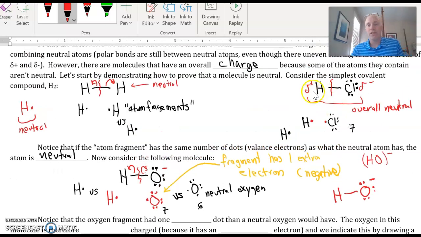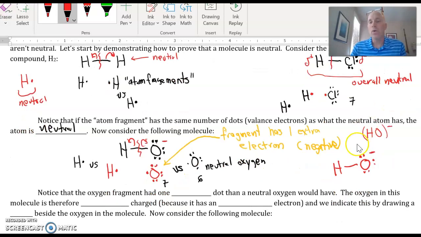When we were doing polar molecules, remember, you did not have to put these delta positives and delta negatives. They were only put in as a way of drawing attention to the polar nature of the bond. But you can draw the molecule without the delta positive and delta negative. When you have a molecule that has a full charge, like an extra electron or a lack of an electron, you have to write the charge in.